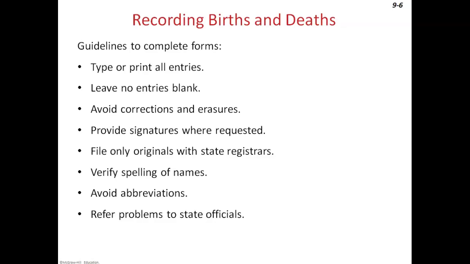Some guidelines for completing the forms are to either type or legibly print all entries, leave no entries blank, avoid corrections and erasures, where requested, provide signatures, file only originals with the state registrar, verify the spelling of names, avoid abbreviations, and refer any problems to the appropriate state officials.